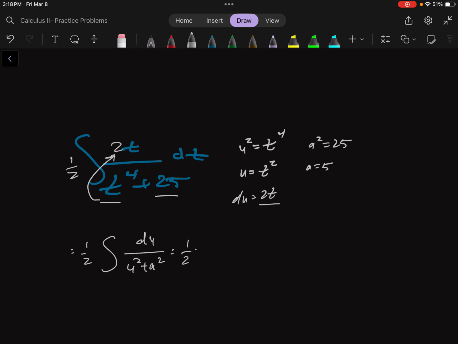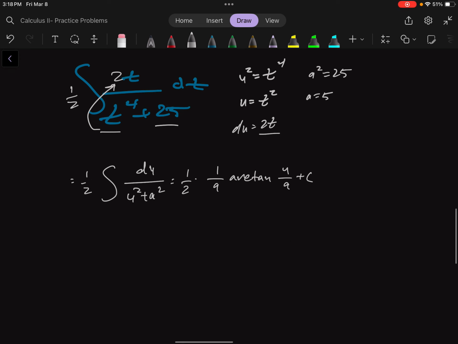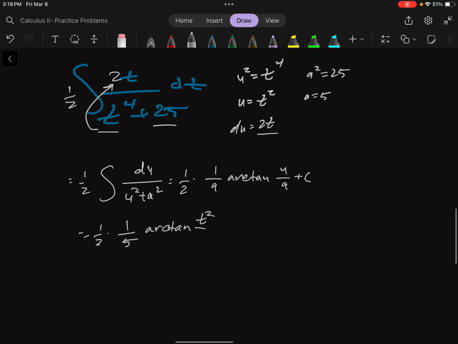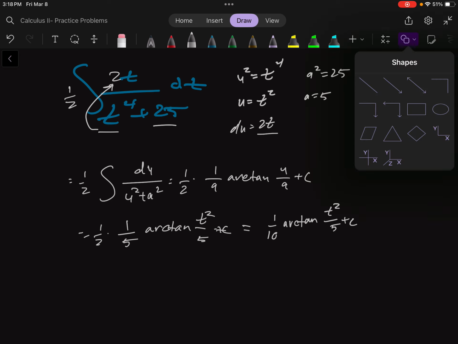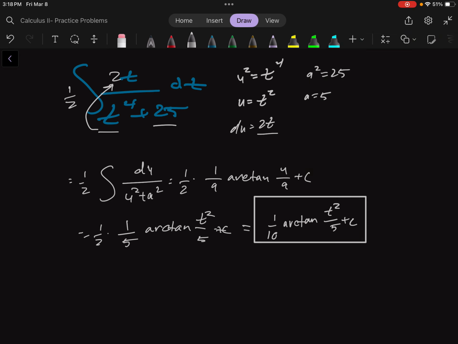We know that integral turns into 1 over a arctan u over a plus c. So 1/2, a was 5, arctan u was t squared, and a was 5 plus c. So finally, we get 1/10 arctan t squared over 5 plus c. That is the final answer.